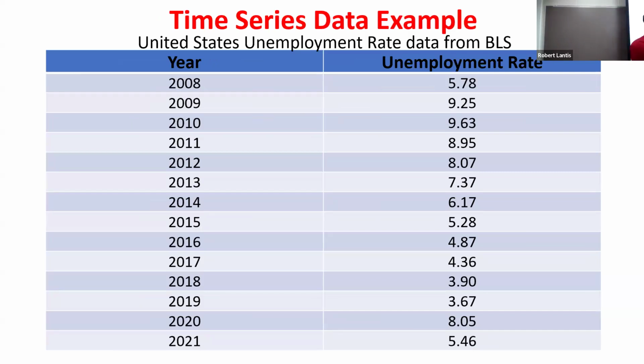Time series data is going to look something like this, where I've got what looks like a variable, which is just what year it is, because it's all on one subject, the United States. It's what is the recorded unemployment rate in these different time periods. And we might not just see it by years. A lot of times we could break this down to months, or weeks or days, hours, if we really want to.